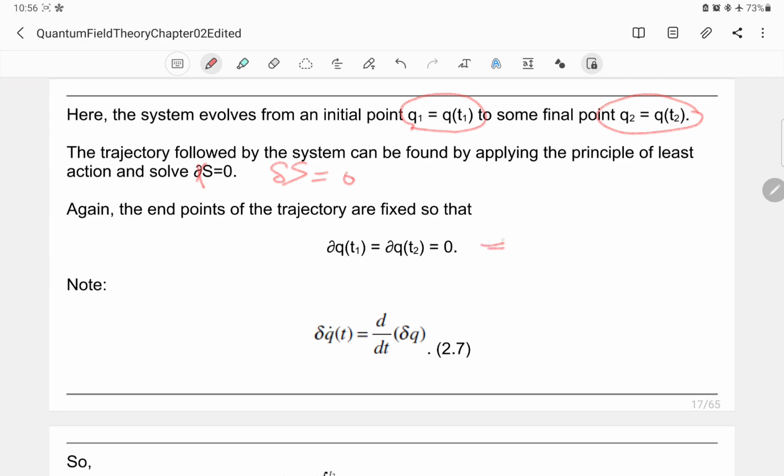I'm sorry for this: delta q(t1) equal to delta q(t2), which is equal to 0.